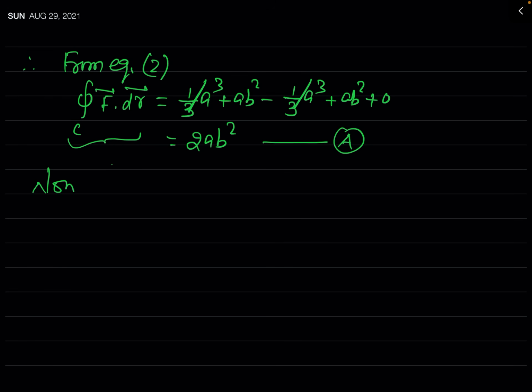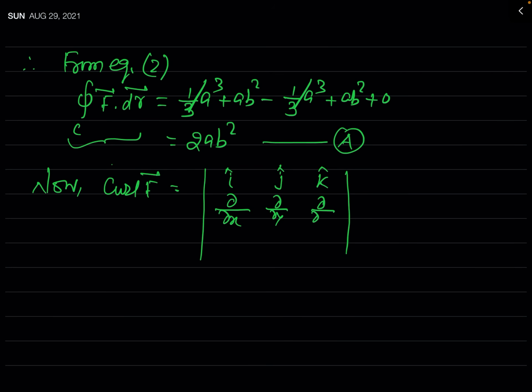So now you can see what will be curl of f. Again, you know curl of f is defined as the determinant of i, j, k, del del x, del del y, del del z, and here will be fx, fy and fz.